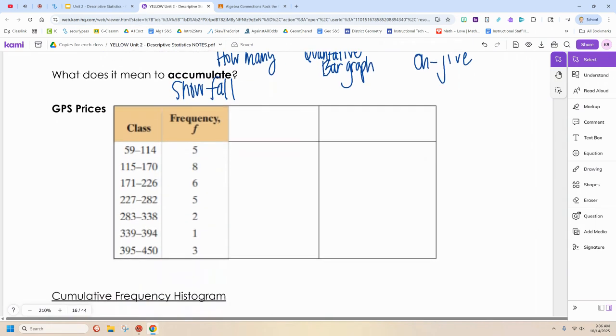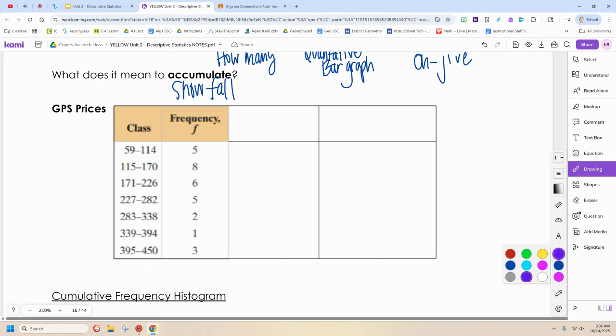So class, we had already created our equal class sizes and we made 7 classes. And this is also price, right, in dollars. It's just good to remember what this is. And then we sorted those GPSs into the different intervals.